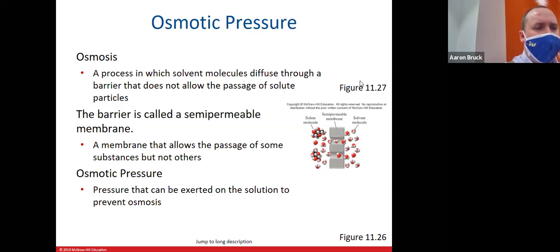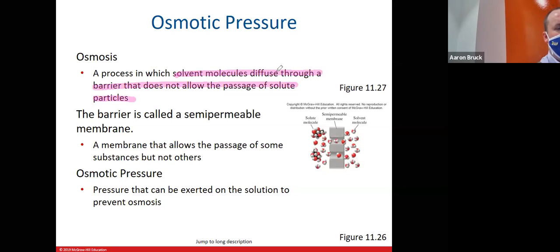So with osmotic pressure in particular, we talk about a barrier that does not allow the passage of solute particles. Another term for that is a semi-permeable membrane.